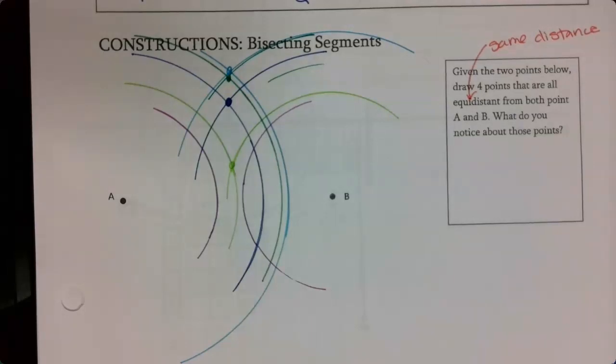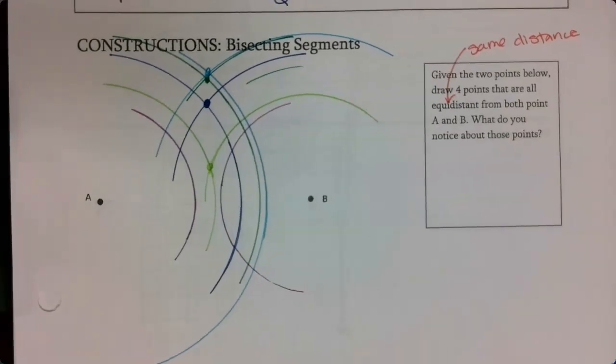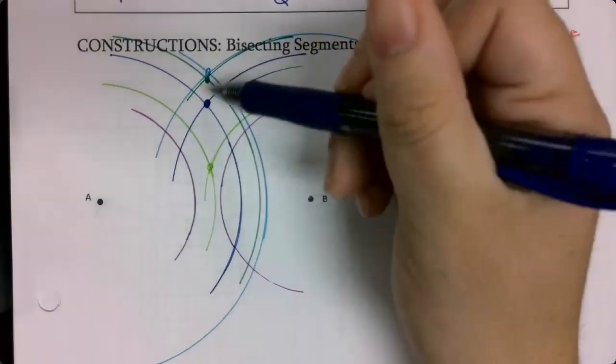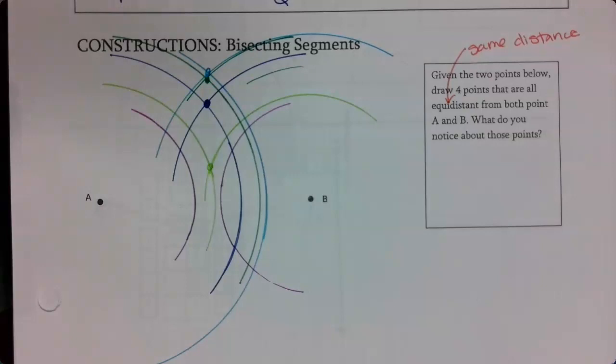So once I have 4 of those points, I need to see what I noticed about them. So anything we notice about my 4 points here? The points, not the circles.